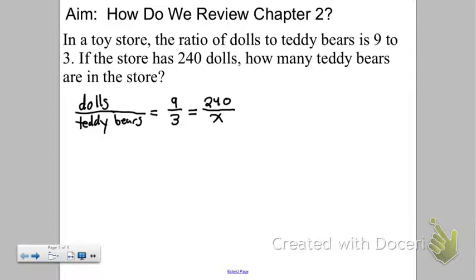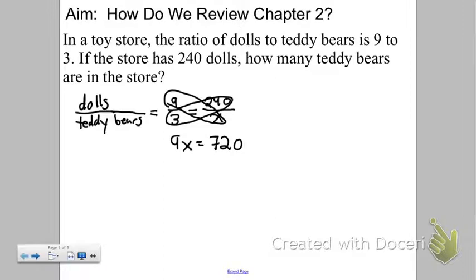Here I have a fraction equals a fraction. A fraction equal to a fraction is a proportion. I can cross multiply. So when I cross multiply, I get 9x. Now I can cross multiply this way, and I get 240 times 3, which is equal to 720.